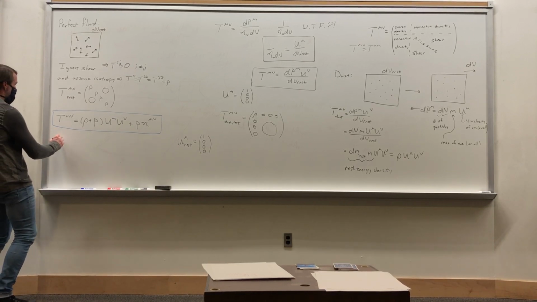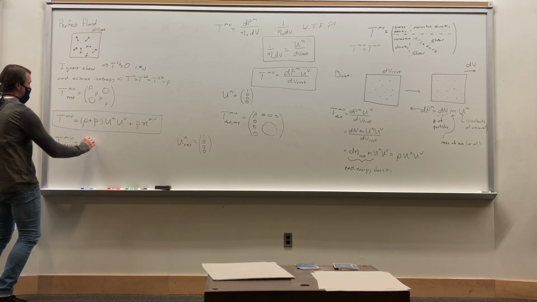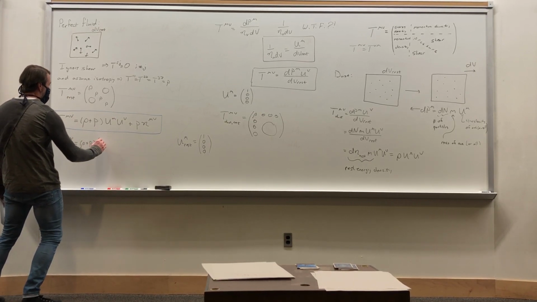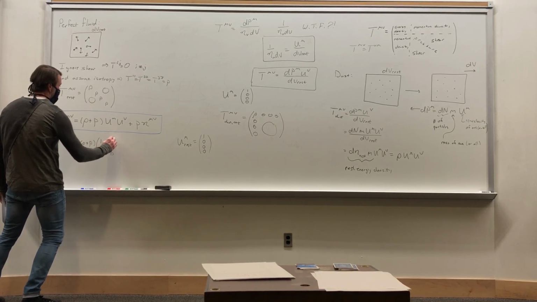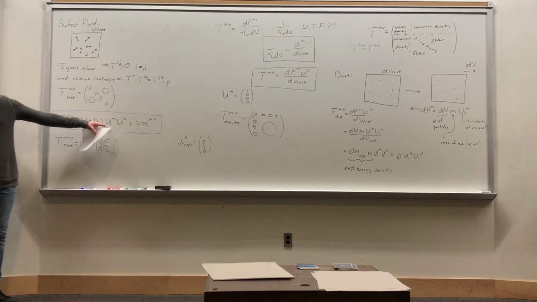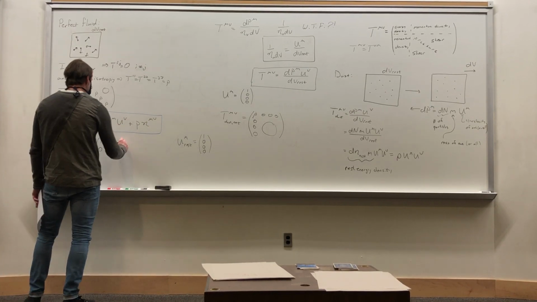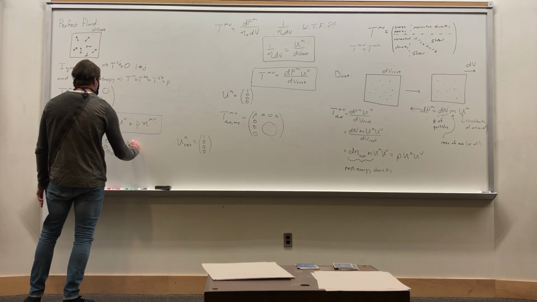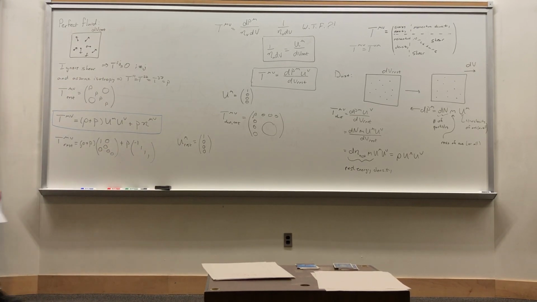So T mu nu at rest is rho plus P times 1, 0, 0, 0, 0, 0. That's what I get when I do u mu rest, plus P times minus 1, 1, 1, 1. That's eta mu nu. What do you get?